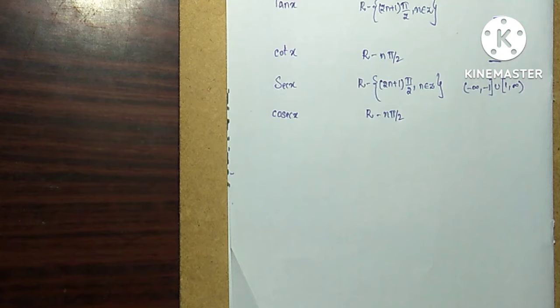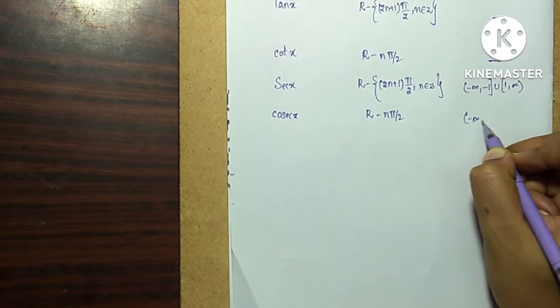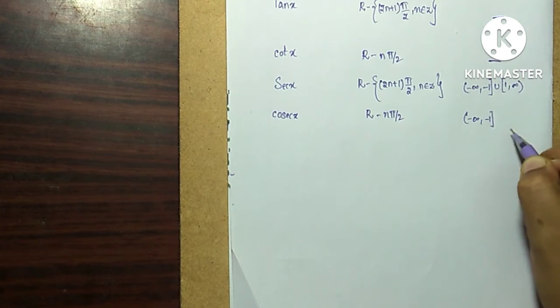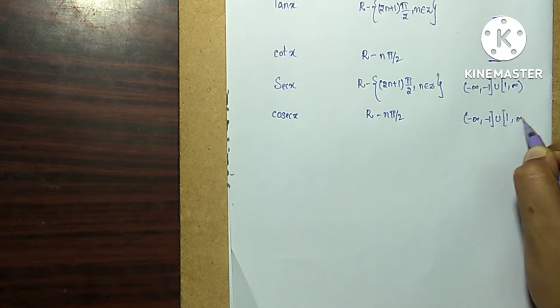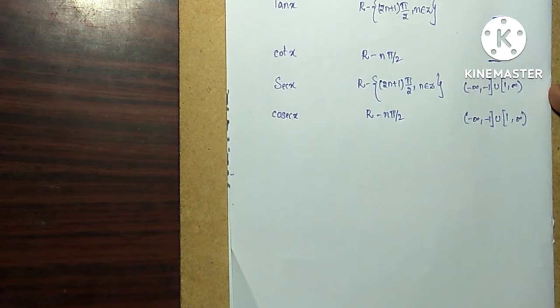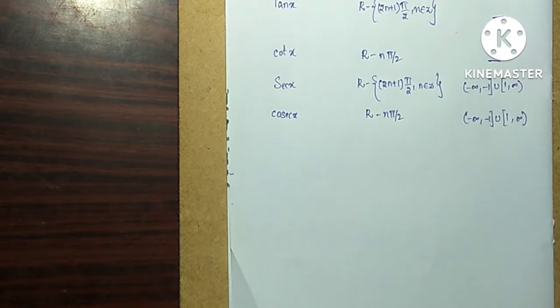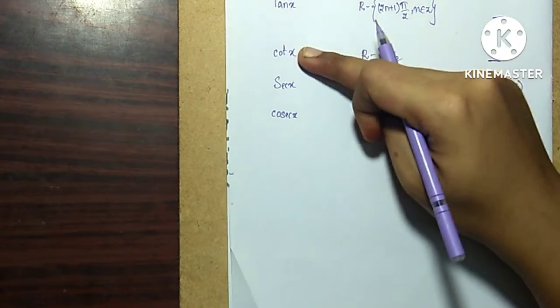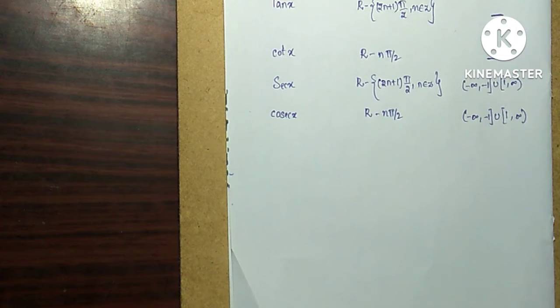For cosecant x, the domain is R minus nπ/2 and the range is (-∞, -1] union [1, ∞). Secant and cosecant ranges are equal. That's it for cosecant x.